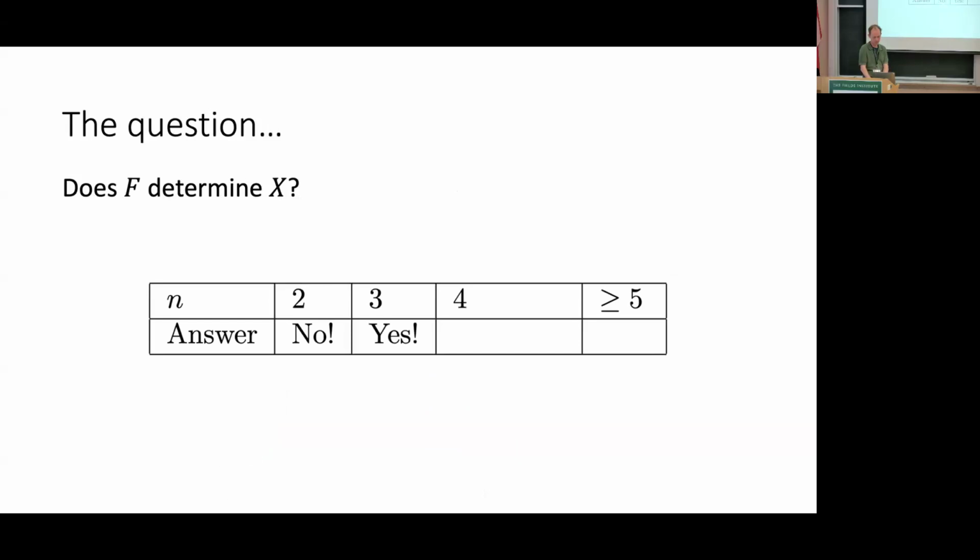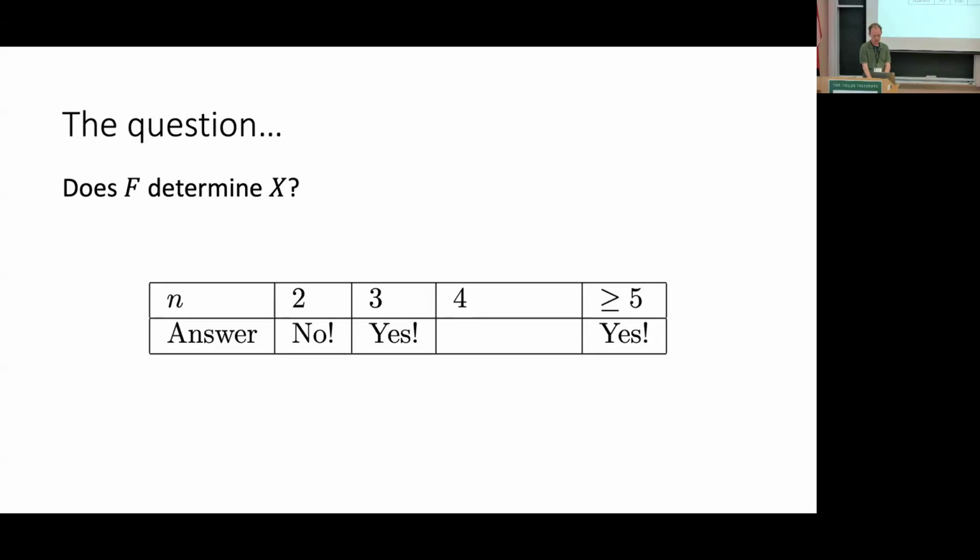And then in dimension 3, it turns out the answer is yes. If you have two cubic threefolds with the same Fano variety of lines, then those two cubic threefolds are isomorphic. And then in dimension greater than or equal to 5, also the answer is yes. And then you can see I skipped 4 and left a big gap there because that's what I want to talk about.